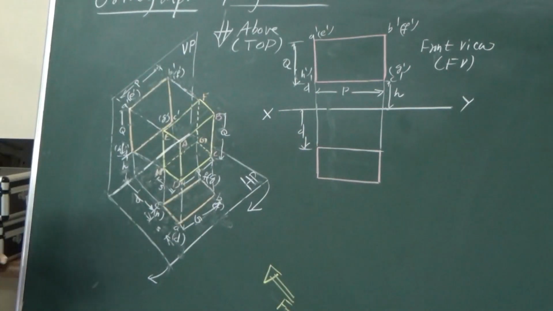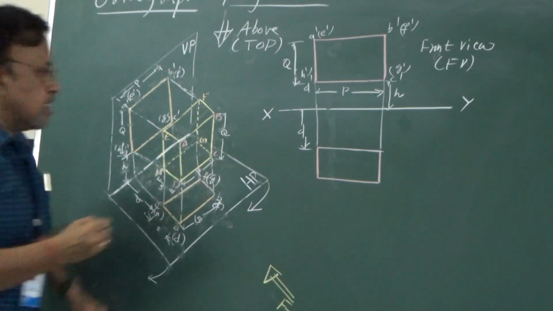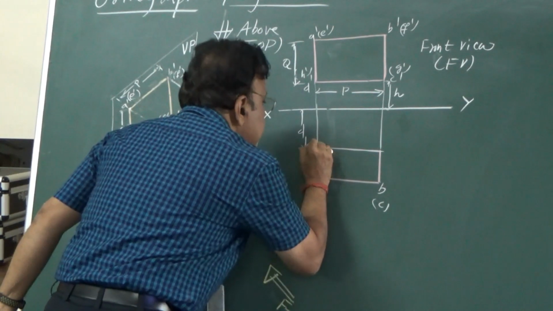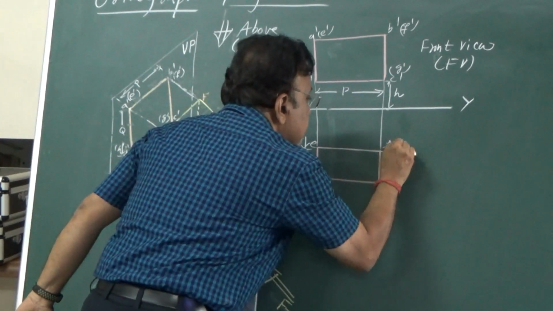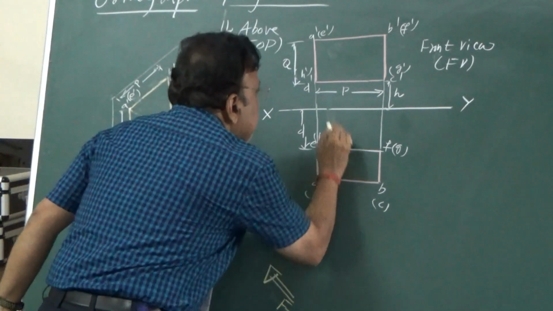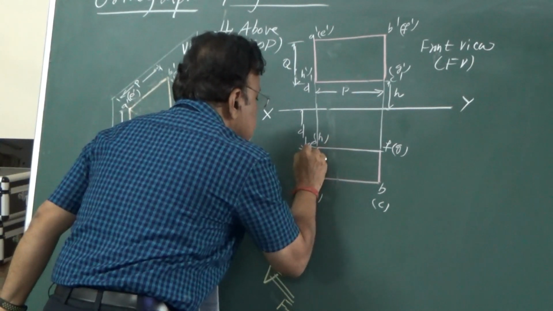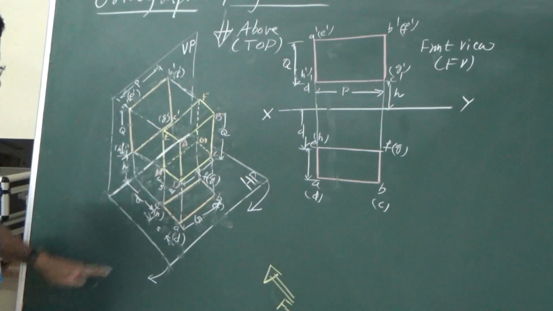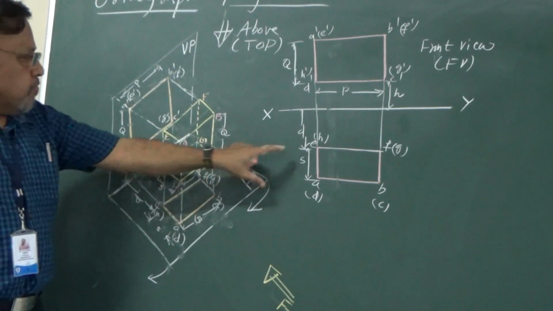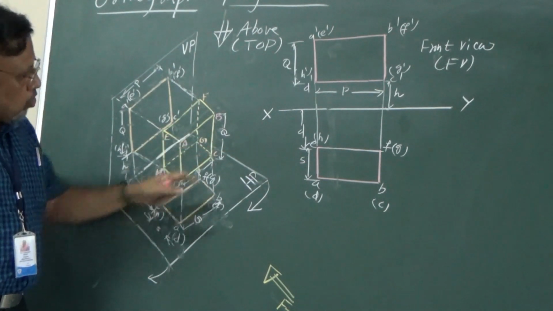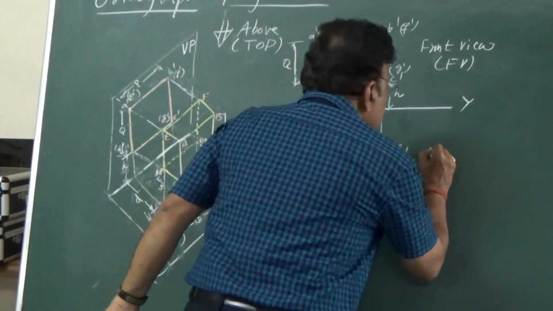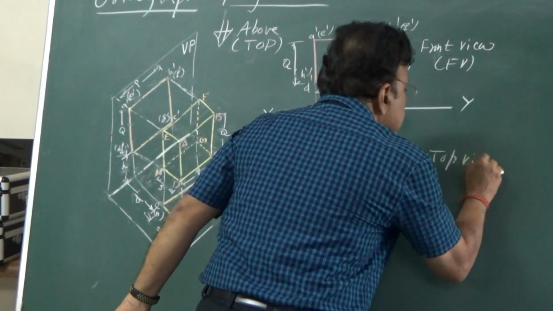Once I replicate, I can show the namings here, that is A B, C D, P only, and what about this distance? This is nothing but your S distance. Now, whatever we got which is projected onto the horizontal plane is known as top view. So this particular view is considered as the top view.